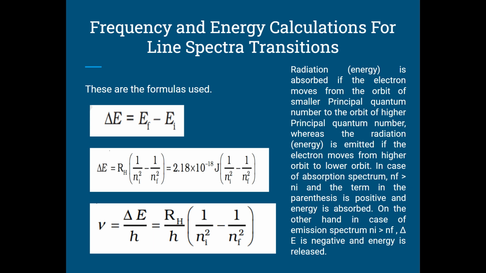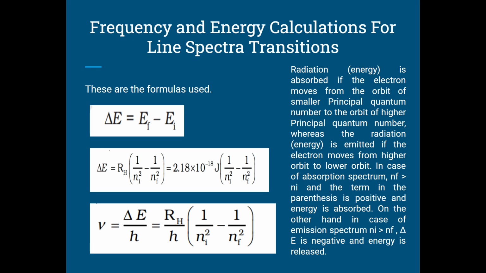That will become R_H upon n_i² minus R_H upon n_f². R_H हमने common ले लिया, bracket में 1/n_i² minus 1/n_f². R_H का value जूल्स में हमको पता है, and this is the expression which helps us to calculate our things.